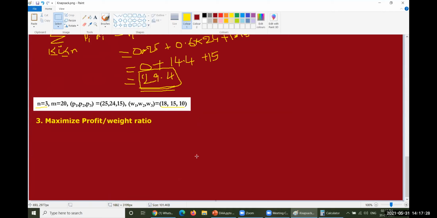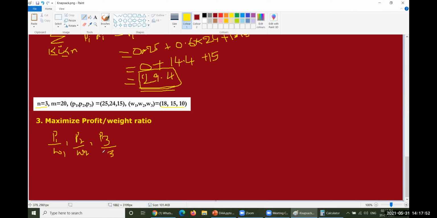Here, first of all, we need to identify something like this. First, we need to consider P1 by W1 for the profit to weight ratio. So P1 divided by W1, comma, P2 divided by W2, comma, P3 divided by W3.